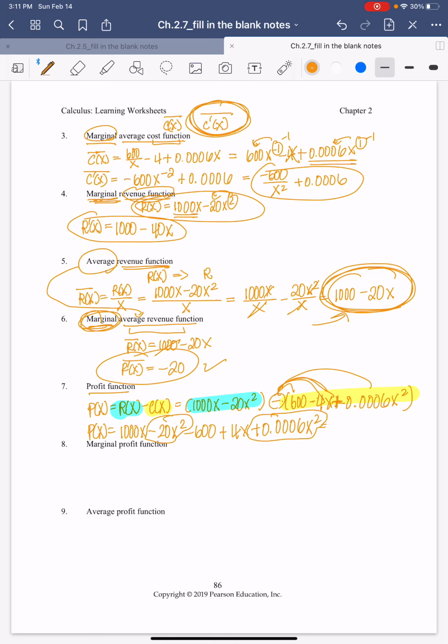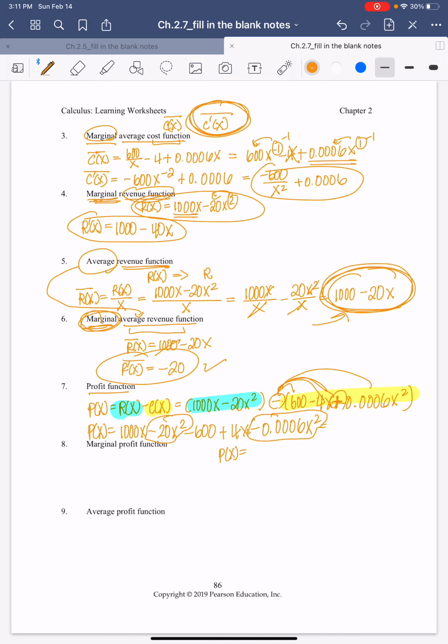So negative with the positive is a negative. My mistake. Just misread my writing. So that will be negative 20.0006 x squared. So P of x, I ran out of space, so I'll just use this one here.